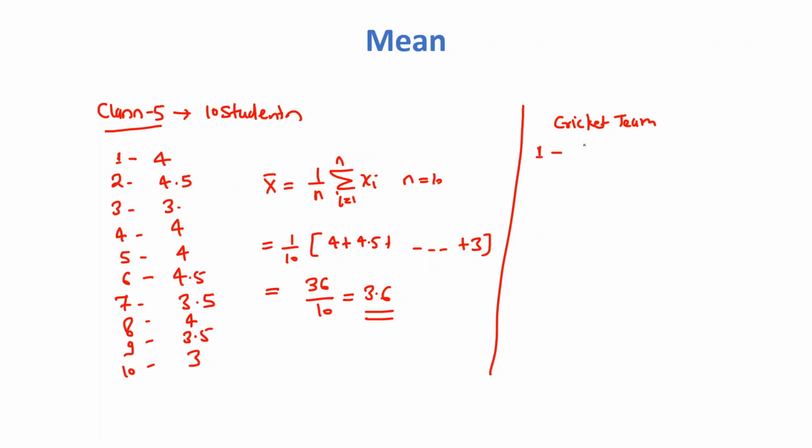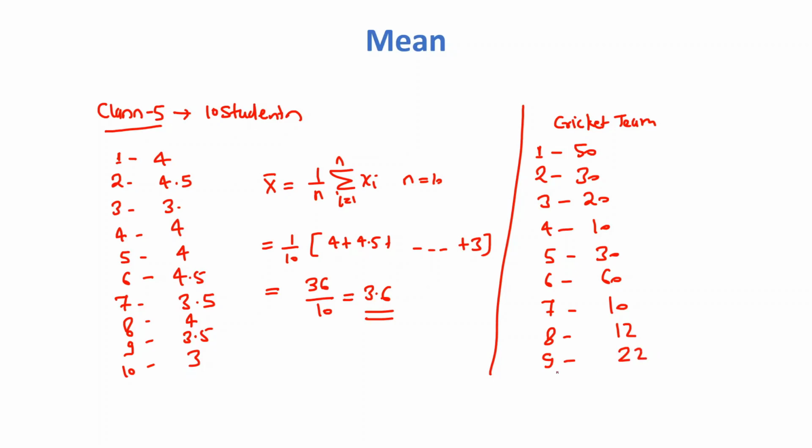The first player scored 50, second player scored 30, third player scored 20, fourth one, fifth one 30, sixth player scored 60, then seventh player scored 10, eighth player scored 12, ninth one scored 22 and tenth player scored 62.